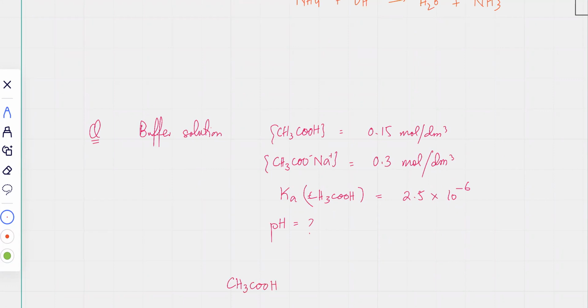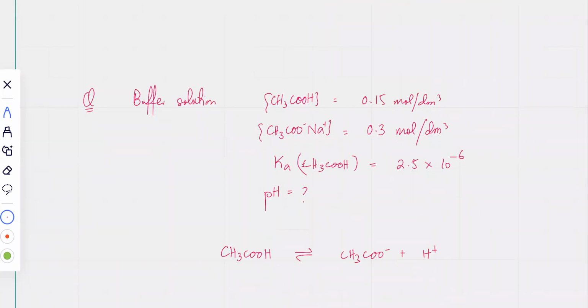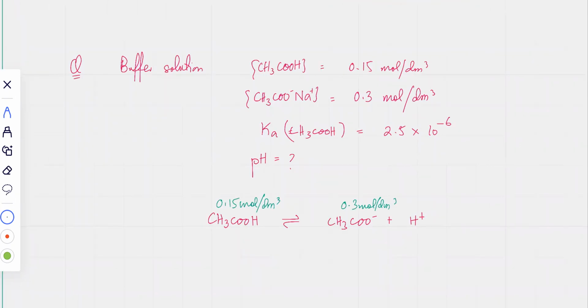Since the equilibrium that would be established would be the same one, we're dealing with the same equilibrium. This has a concentration of 0.3 mole per dm cube, and this has a concentration of 0.15 mole per dm cube.